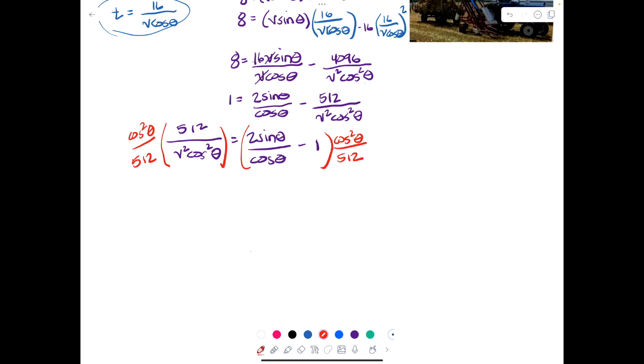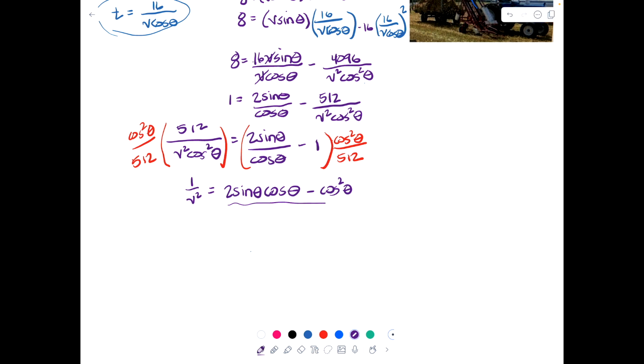We will have 1 over V squared equals 2 sine theta, one of the cosine thetas divides out, so we'll just have cosine theta, and then minus cosine squared theta.